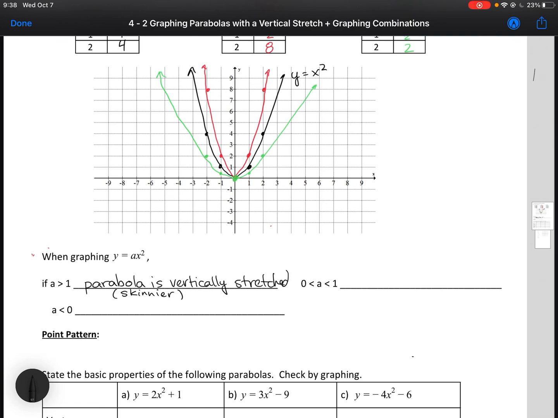If a is between 0 and 1, my parabola is vertically compressed, which means that it is flatter. And if my a is less than 0, I'm going to have a reflection in the x-axis, which is a vertical reflection.